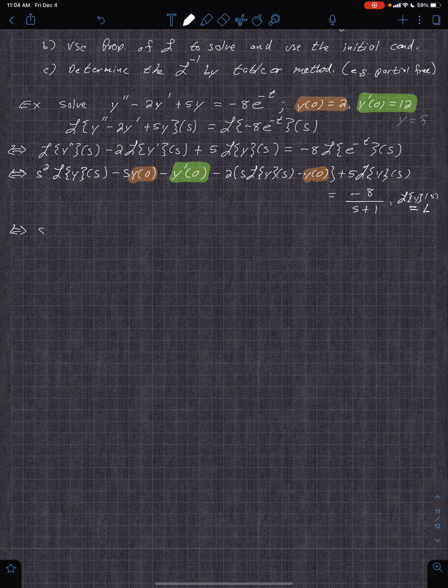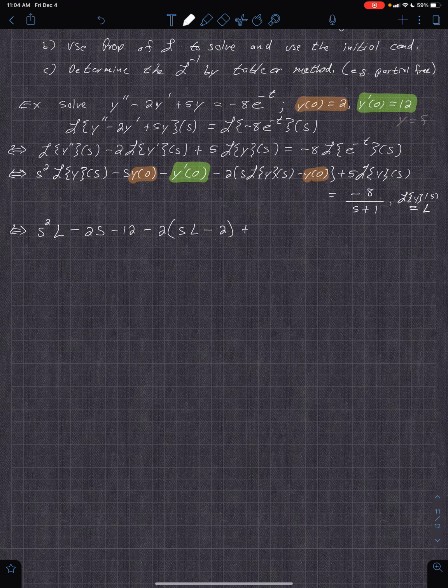So that's s squared L minus, and then y of 0 is 2, so it's 2s. And then y prime of 0 is 12, so it's minus 12, minus 2 times, and let's put in parentheses, s L minus, and what is y of 0? It's 2.